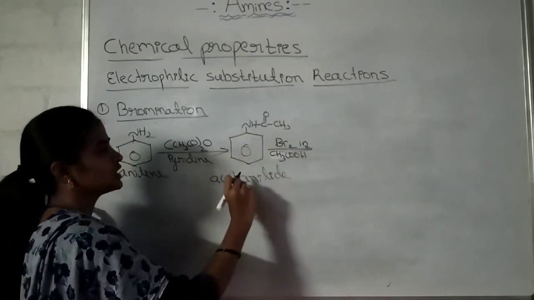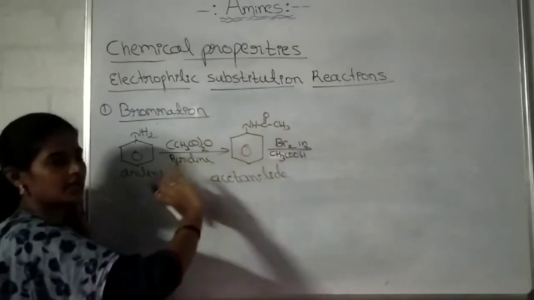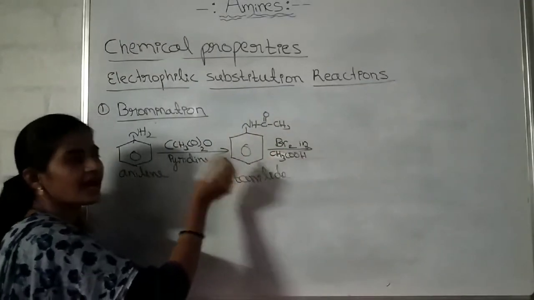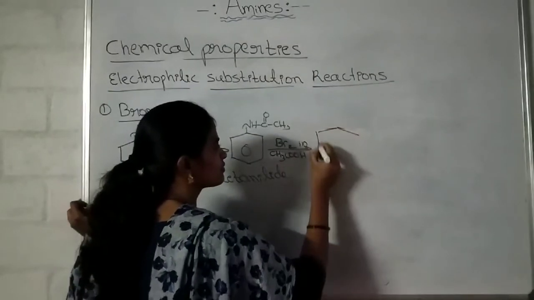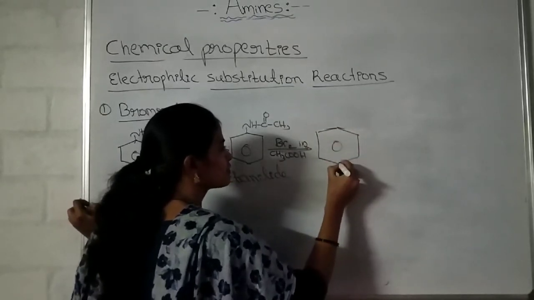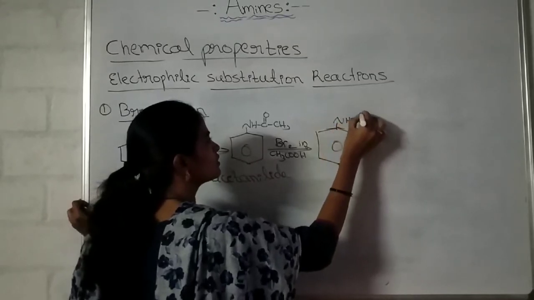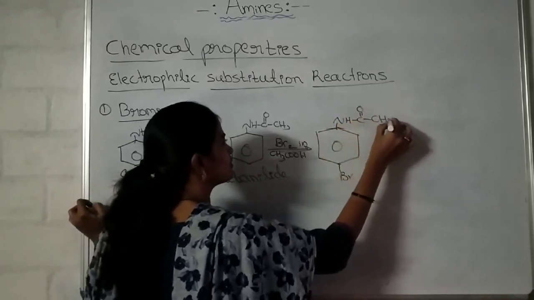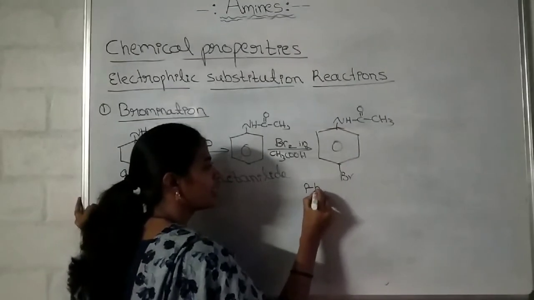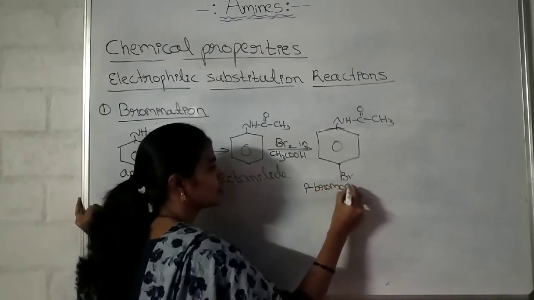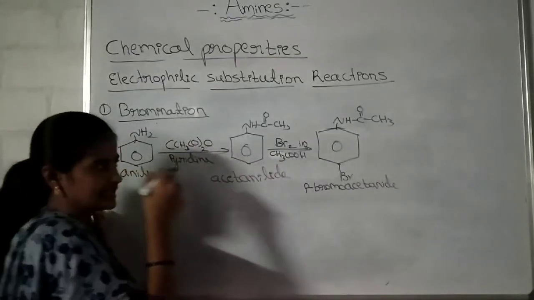Substitution of Br takes place here, only at the para position, not at the ortho position. Then what is the name of this? No doubt it is acetanilide, but para-bromo acetanilide.